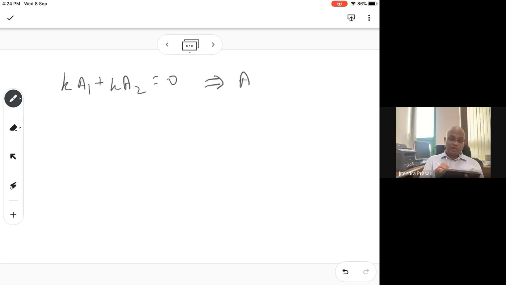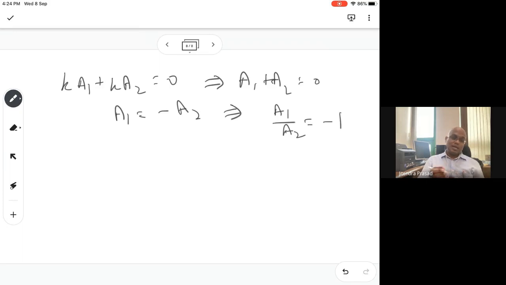That tells you a1 plus a2 equal to 0, or a1 equal to minus a2. Hence a1 over a2 equal to minus 1. So that means in this case a1 and a2 is given by some alpha times 1, minus 1. What is the meaning of that?